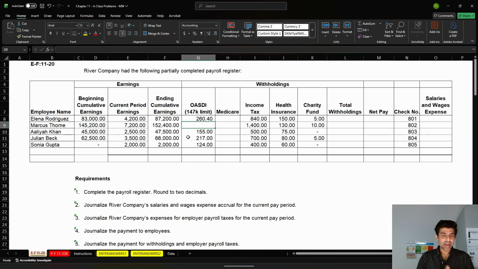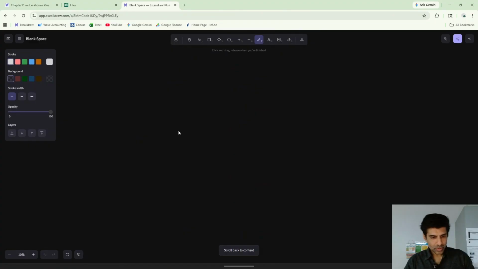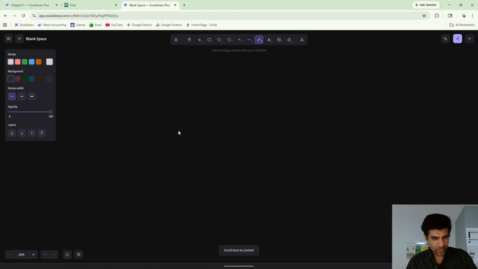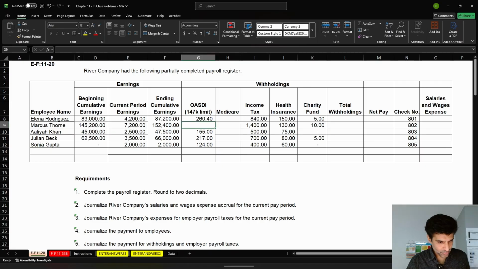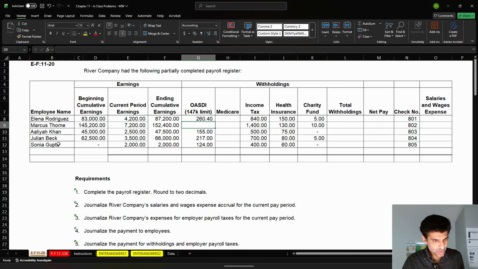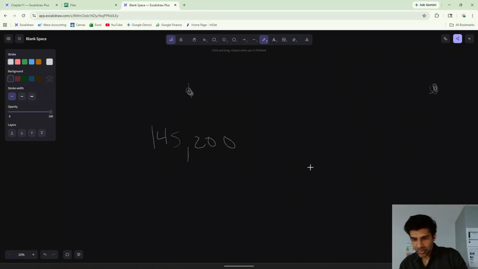Okay, so how should I calculate the OASDI amount for this second person? So up until this point, they've earned 145,000. I think 145,200. So we're at this point, and then they're gonna go to 152,400.